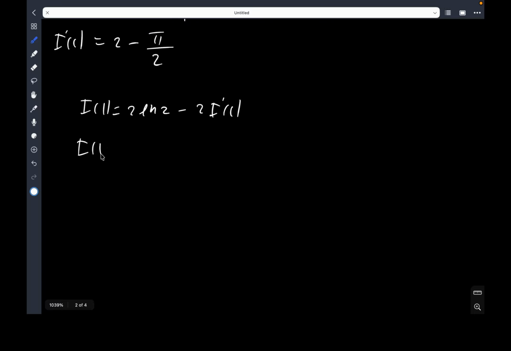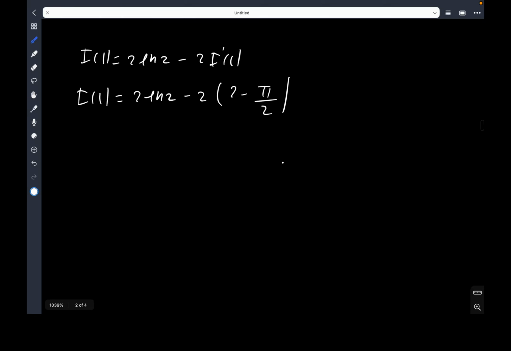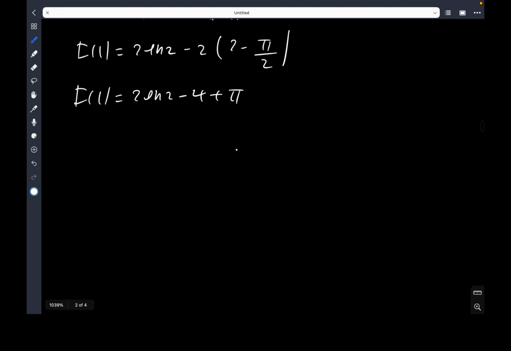I of 1 therefore is 2 ln 2 minus 2 times 2 minus pi over 2. I of 1 is 2 ln 2 minus 4 plus pi, and I can use the property of logarithms and write this as pi minus 4 plus ln 4.